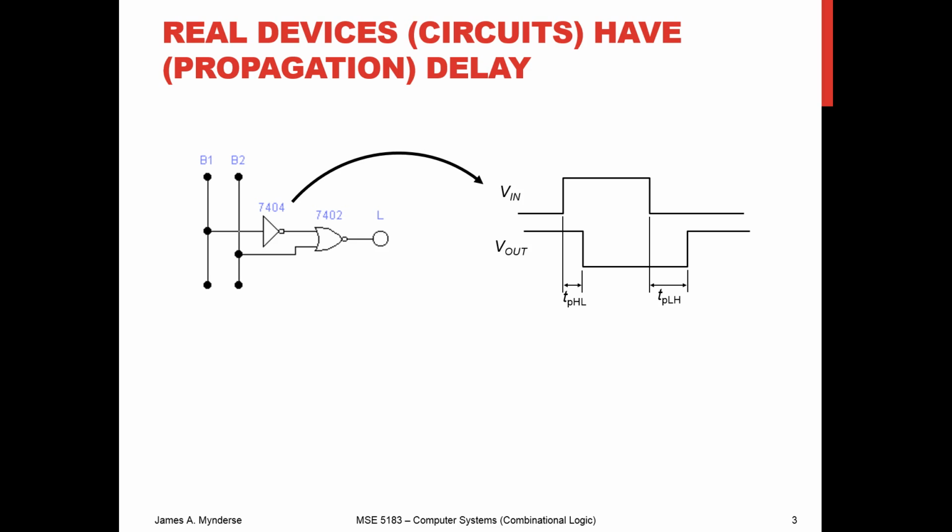And you saw this in your lab when you were dealing with transistors. So you change the input, and the output takes sort of a first-order response, and it takes a little bit of time. And so you can see that as the input is changing from low to high, the output is changing from high to low in this example, and we have a time delay, and that's a propagation delay.